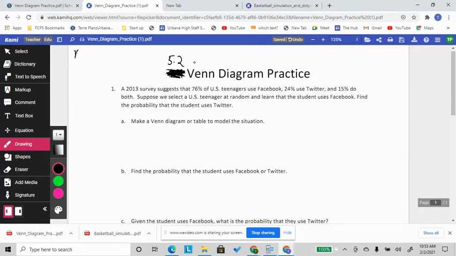If two things are mutually exclusive, the Venn diagram would look like this. They have no outcomes in common. That would be A and that would be B. The union of those two, A union B, that just means or, is just the probability of A plus the probability of B. You just add them together. They're mutually exclusive. They have nothing in common.